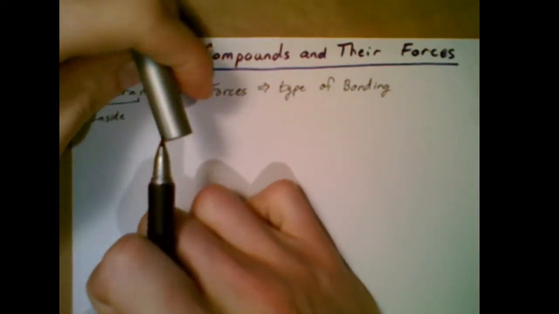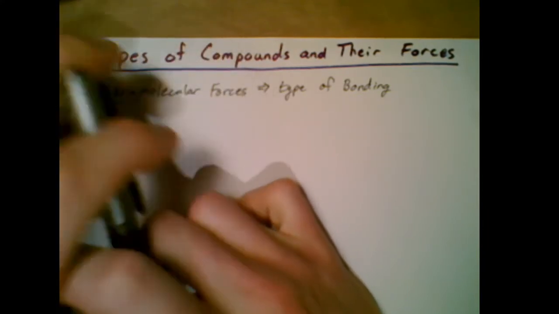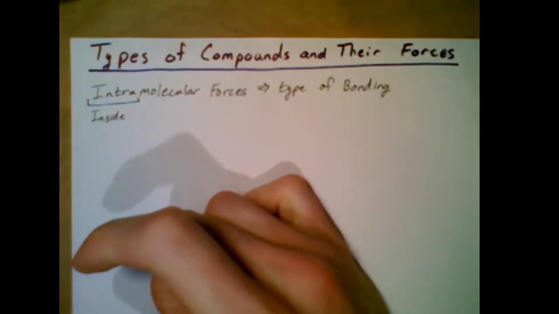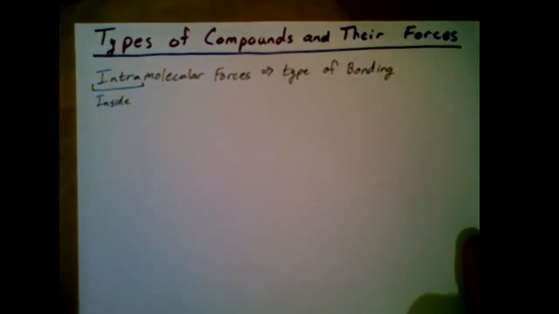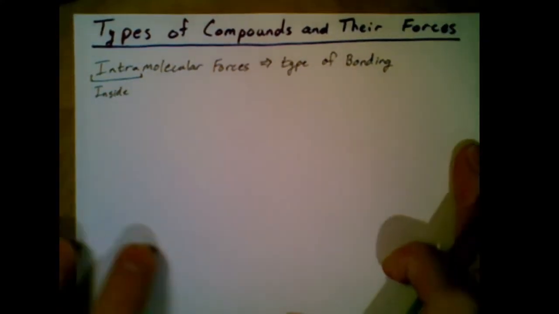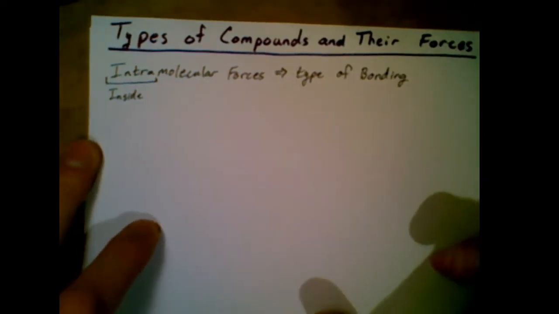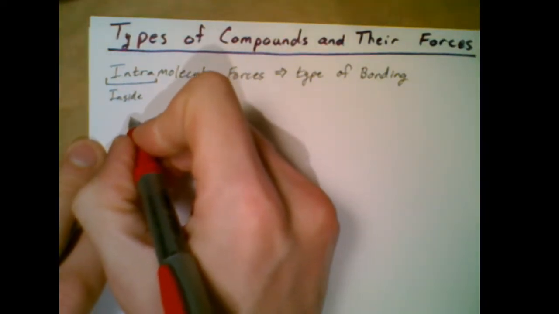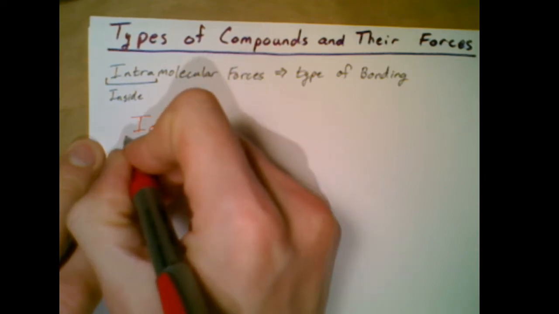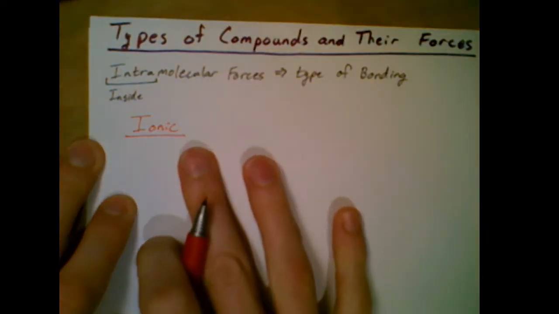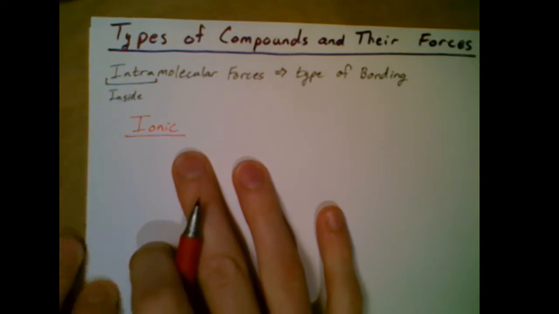And there are different types of bonding that are able to make compounds do different things. Hopefully what you learned in grade 10 is that there were two kinds of bonds. In reality, there's actually more than two kinds, but we're going to talk about three in this lesson. So one of them is called ionic. An ionic bond is something you've probably seen before.